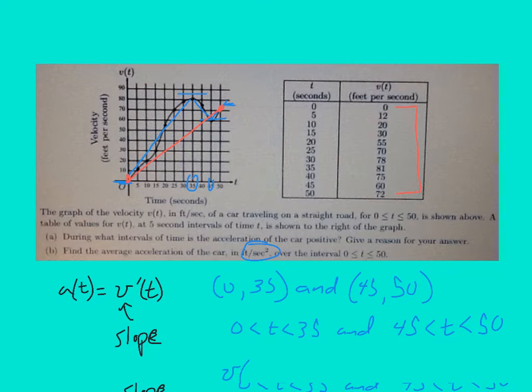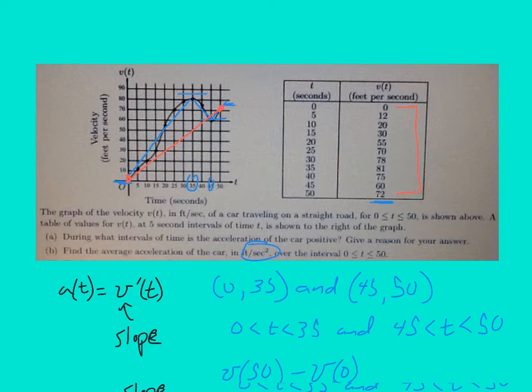Okay, so if I want to find the average acceleration, I'm going to take rise over run. It kind of looks like this. I want the velocity at 50 minus the velocity at 0, and then I'm going to divide it by time. So this is the change in velocity divided by the time. Now from 0 to 50, that's just going to be 50. All right, so I'm going to the chart, maybe a little easier to read than off the graph.